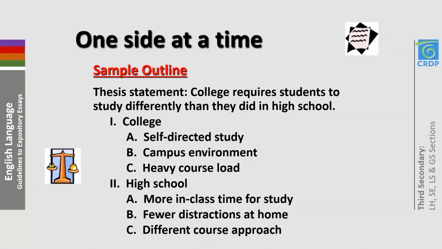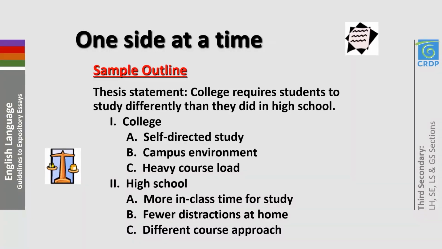So the first paragraph is all related to college. So you put all the items related to college. For example, A, self-directed study, campus environment, heavy course load. Number two, the second paragraph contains everything about high school. So, more in-class time for study, fewer distractions at home, different course approach.